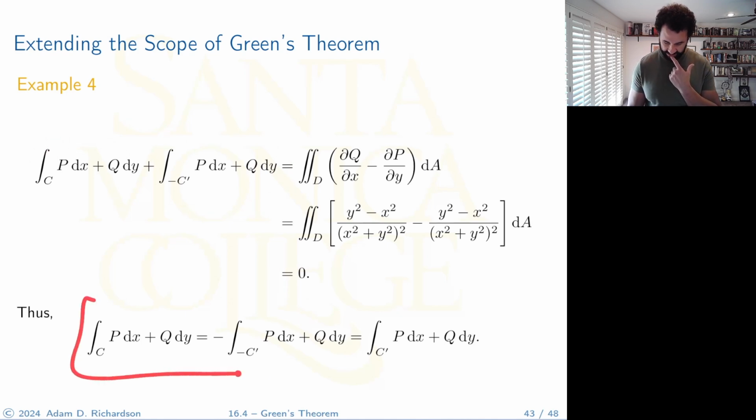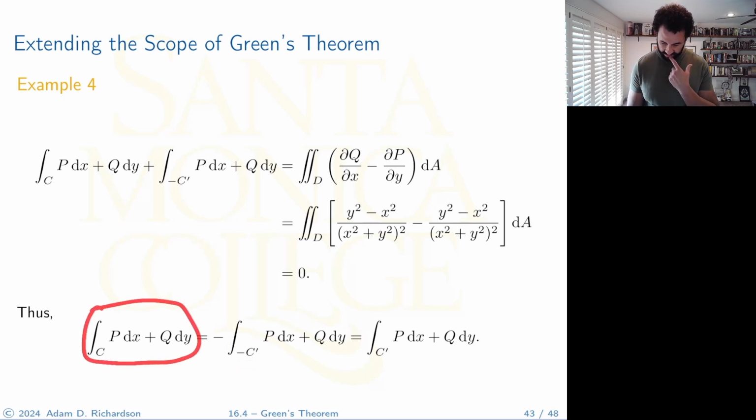So the integral around C is the opposite of the integral around negative C prime, but we can switch the orientation of negative C prime and change the sign of the integral, so we get this. Yes, there it is. That makes sense.